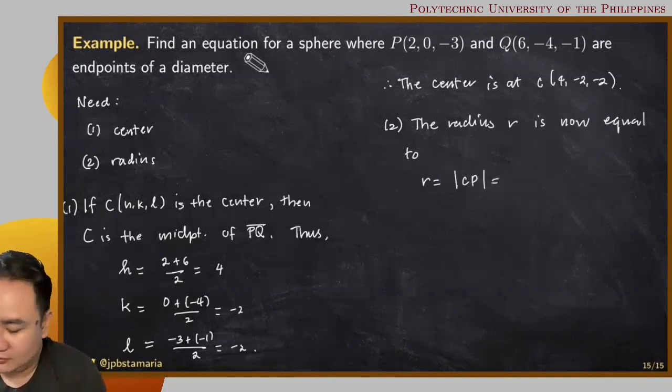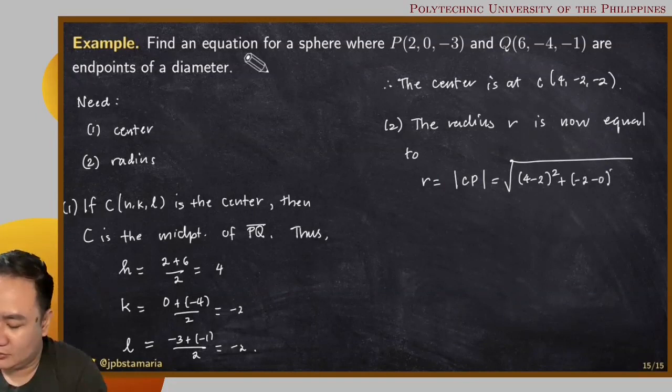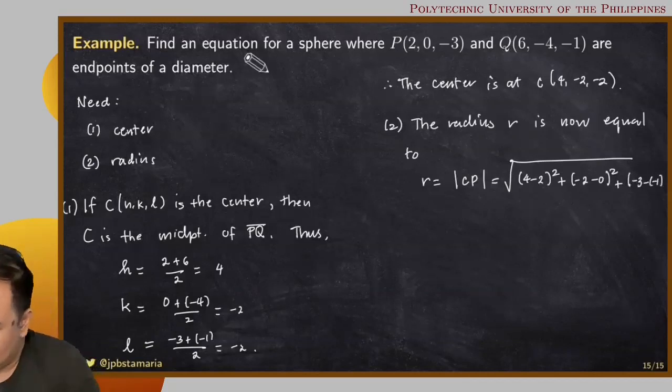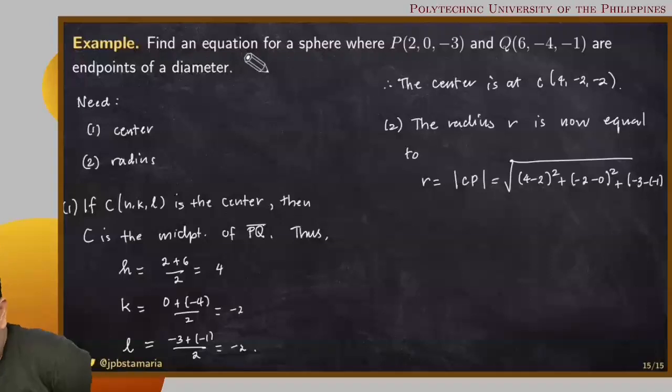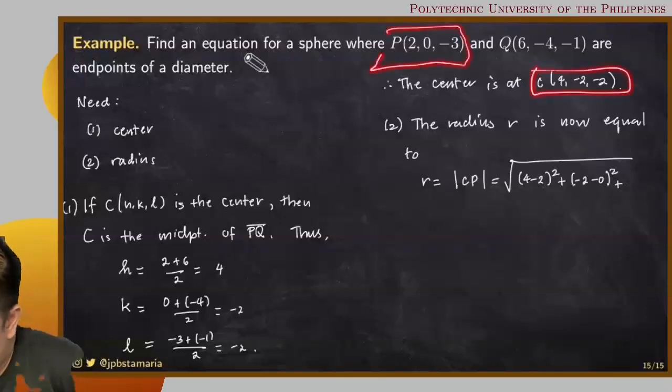And the distance of C and P by the distance formula is basically 4 minus 2 squared plus negative 2 minus 0 squared plus negative 3 minus negative... ginagawa ko. I'm lost. Ba't naging negative 1? Oh my God. CP. Nasa may C. Ito yung C. Ito yung P. So, tingin nga tayo.